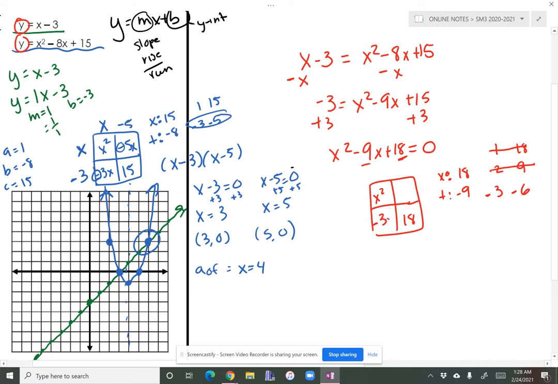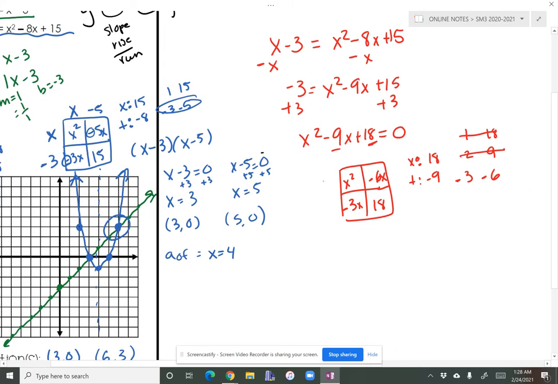So I go negative 3x, negative 6x, and then I'm taking my GCFs out. So I've got x's, and then since it's negative, negative 3, x's, and then since it's negative, negative 6. So this factors into (x minus 3)(x minus 6).